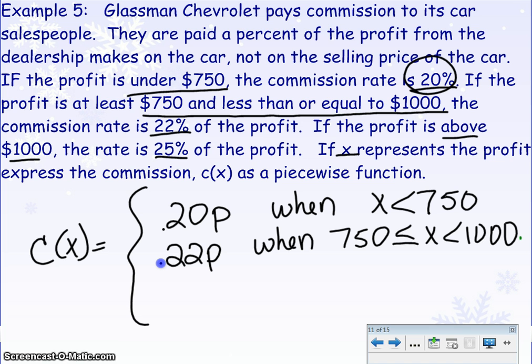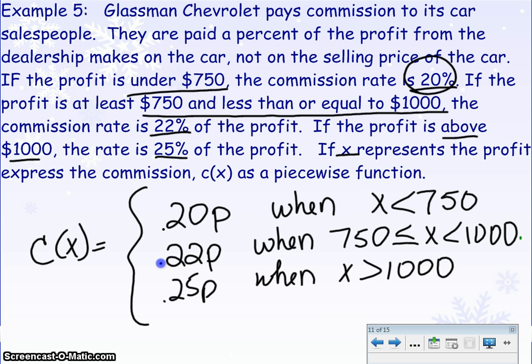And it's 25% of the profit when that profit is greater than 1,000. So notice here that we only use the equal sign in one particular scenario or another. It can't be that both the first one and the second one are equal to 750.